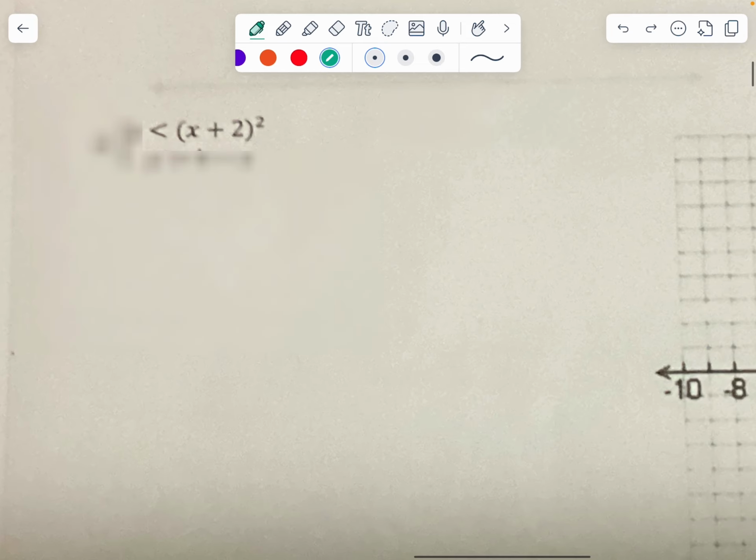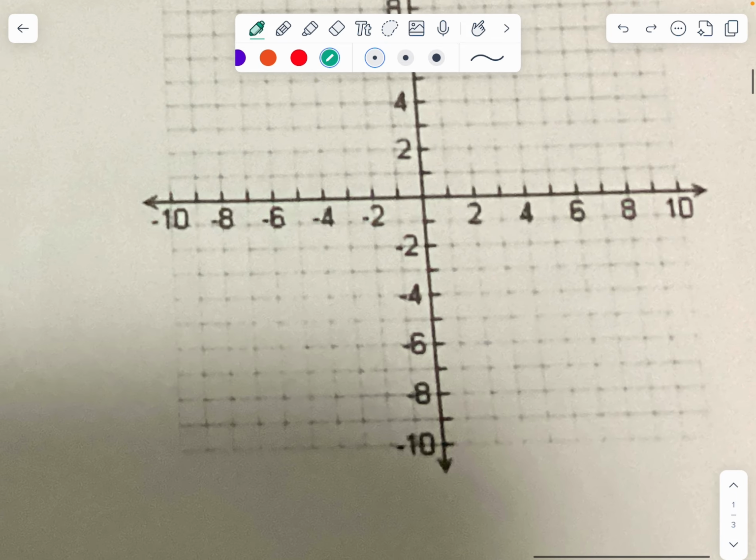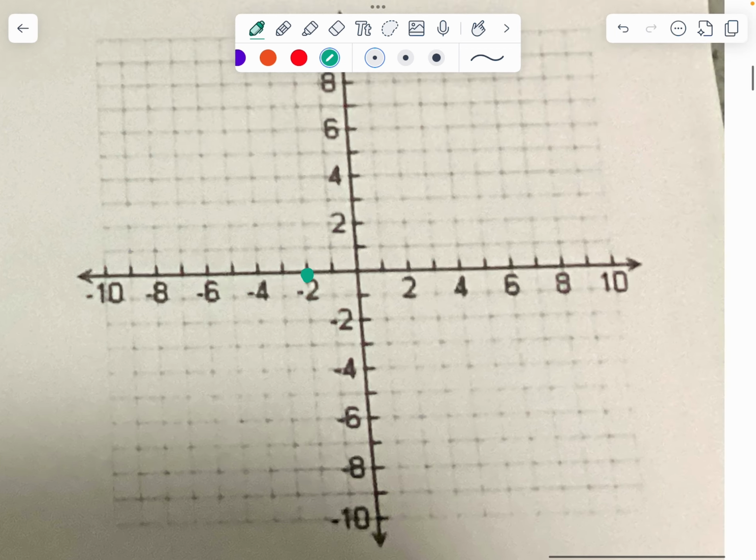We've got x plus 2 squared. So we'll graph x plus 2 squared first.